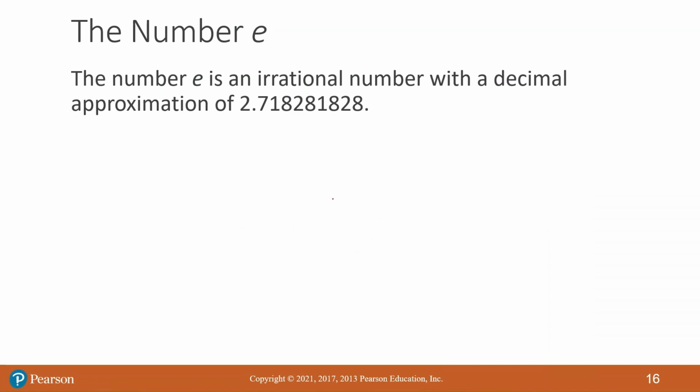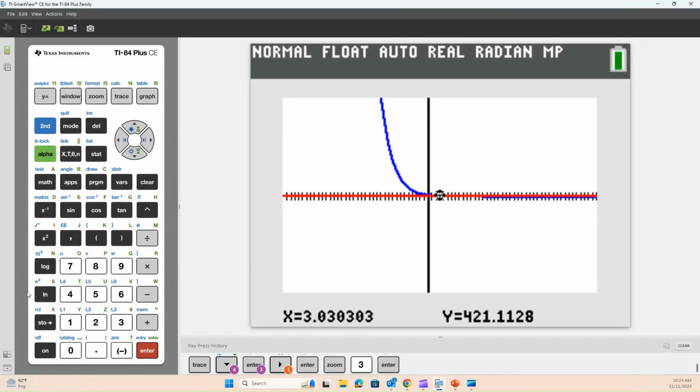Now, let's look at the number e. Because we're working with natural logarithms and exponentials, we need to know what the number e is. The number e is an irrational number with a decimal approximation of 2.718281828, and it can be located on your calculator.